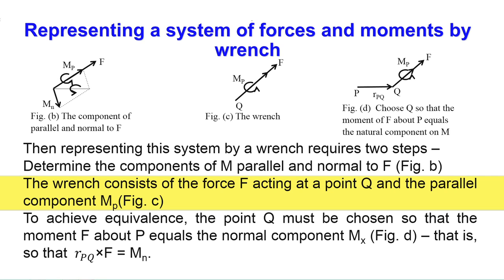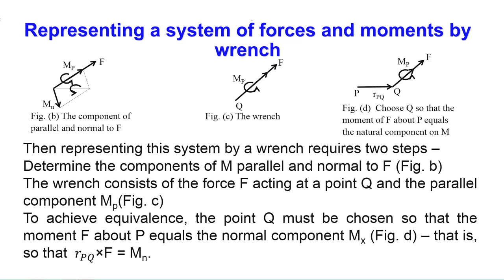So, two components are there. In the system we will keep the force and Mp, where Mp is parallel to F. This Mp and F create the wrench, but the given moment may have another, normal component.